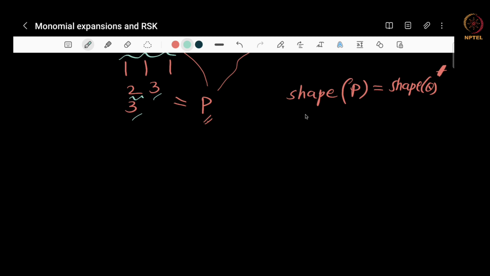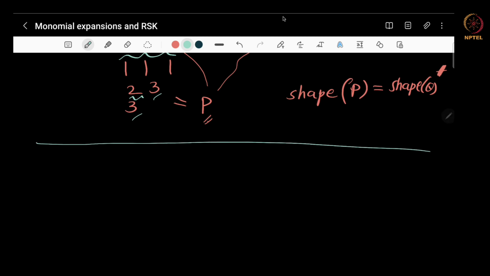Okay, so the dual insertion has this property that you will get semi-standard tableau for both P and Q. I mean, P of course is going to be semi-standard, but why is Q semi-standard? That's the point. And that is ensured by the fact that the original matrix you started out with only has zeros and ones. Otherwise Q may not end up being semi-standard. Okay, good. So this is the dual RSK.